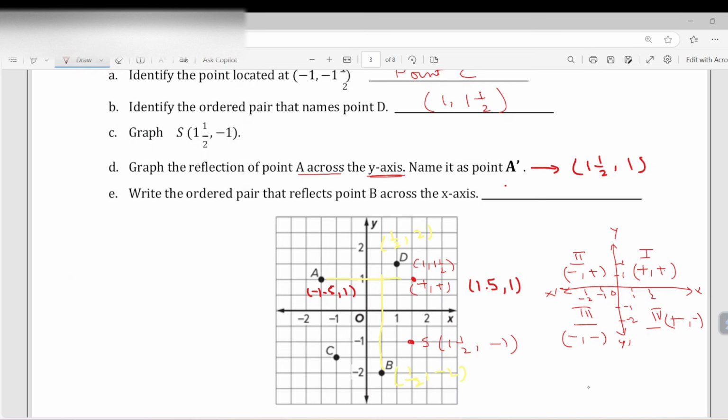So what will be the point? B dash along x-axis: X is half, Y will change. You see along x-axis, X remains same, Y changes. Along y-axis, X changes, Y remains same. Okay.